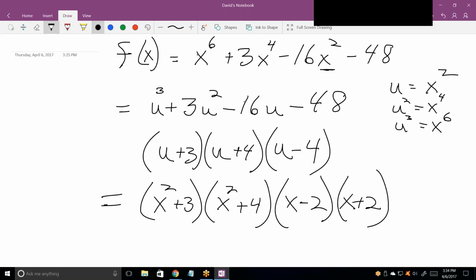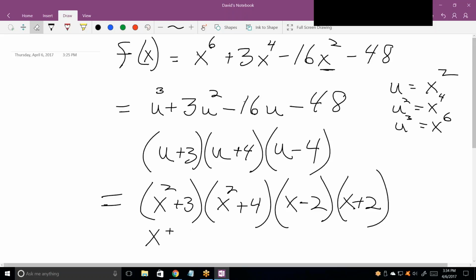I could factor them using imaginary numbers. This is plus or minus square root of 3i, and this is plus or minus 2i. And if you like, I could say that's x minus plus or minus square root of 3... Hold on.